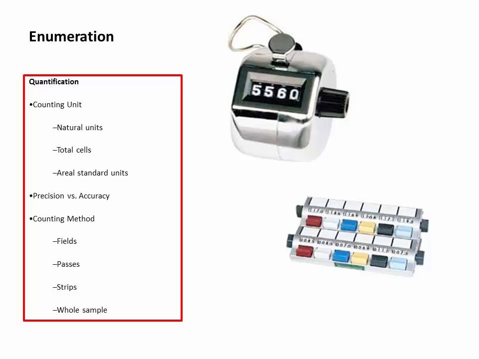So these are three ways. And of course, or the whole sample. And there are chambers that you could place the whole sample into and count everything in there. And that might be appropriate if it's big enough and dilute enough and gets you the answer that you want. But probably what we're going to be coming down to is looking at passes and strips.